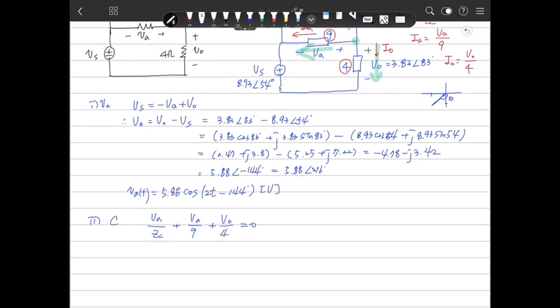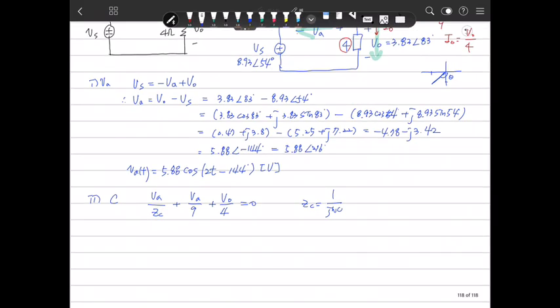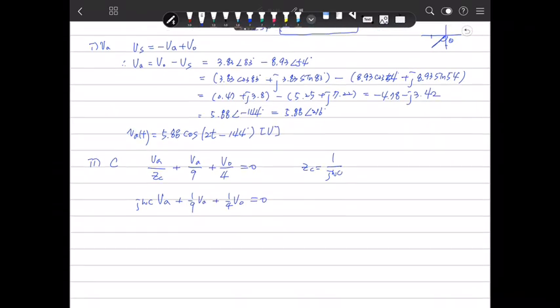Therefore, because ZC is 1 over j omega C, j omega C VA plus 1 over 9 VA plus 1 over 4 VO is 0.